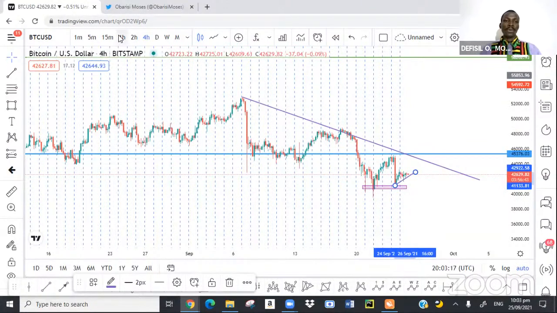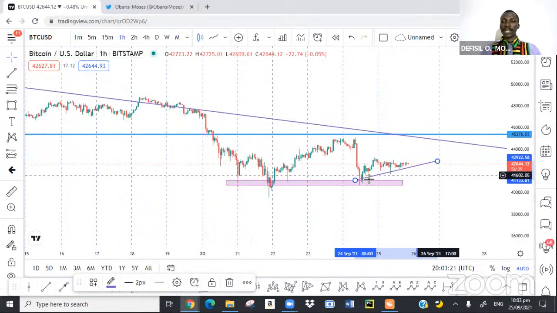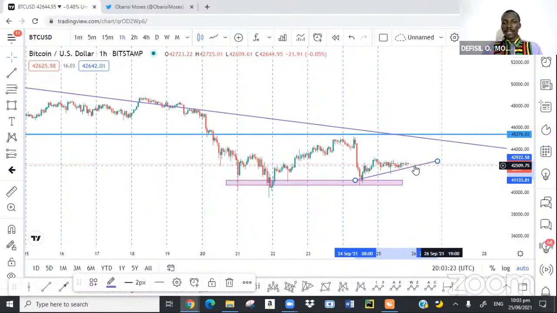So if we go to 1 hour now, we see a mini uptrend that's happening over there.